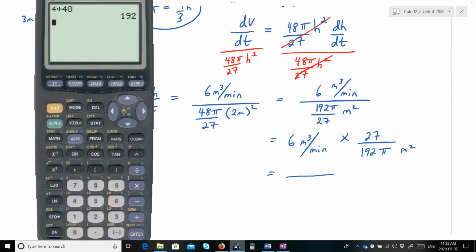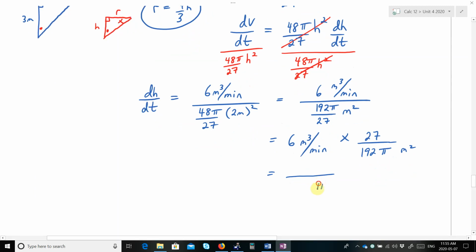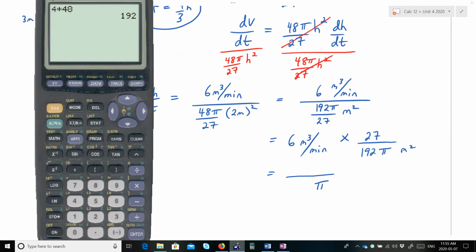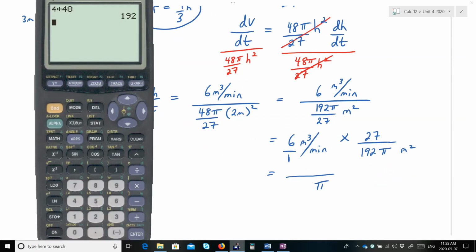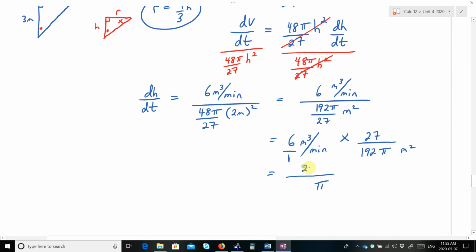So here's what we're going to get. I'm going to keep the pi on the bottom just so we keep it in terms of pi. But let's see, on the top, we're going to have 6 times 27, and then we're dividing that by 192, and then I'm going to go math and fraction that. So 27 over 32.